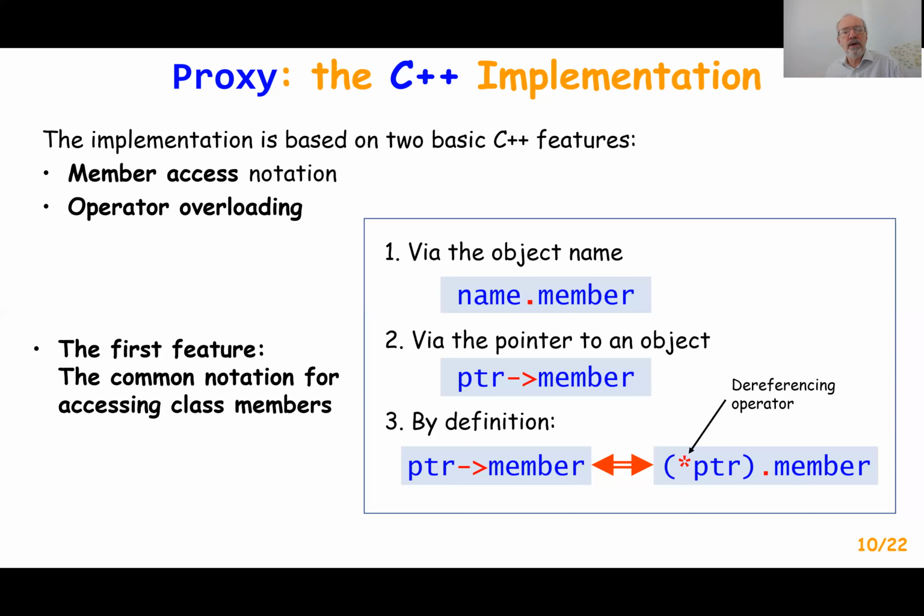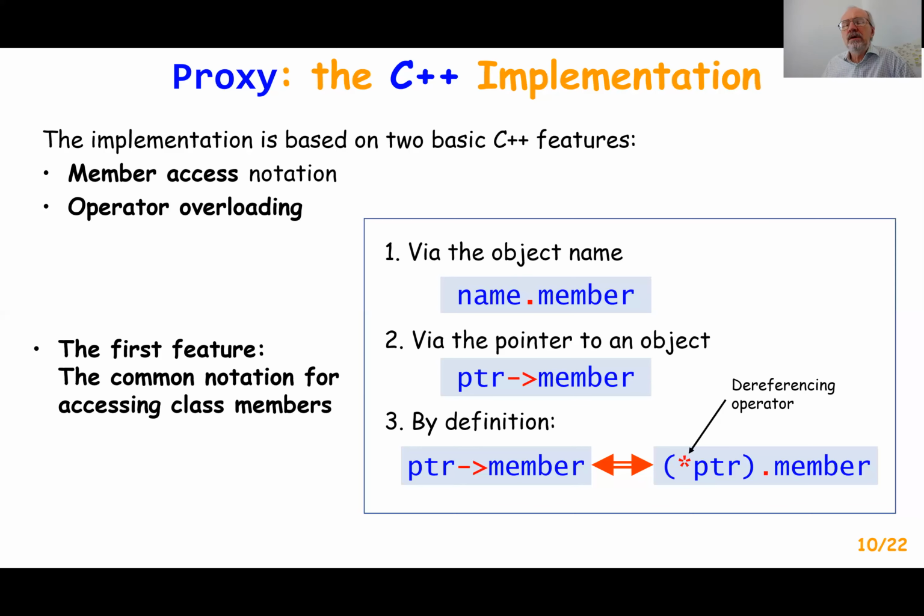We are taking a pointer to an object, to an instance. We apply the dereferencing operator to it, getting the object itself using that pointer. And we apply dot notation to get access to the member of that instance.